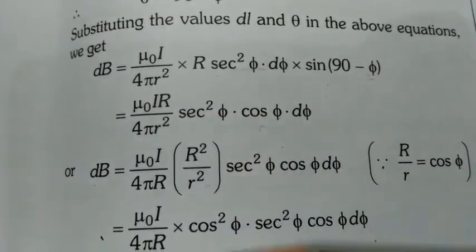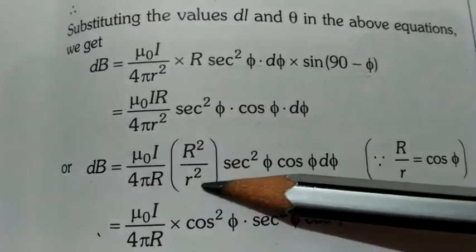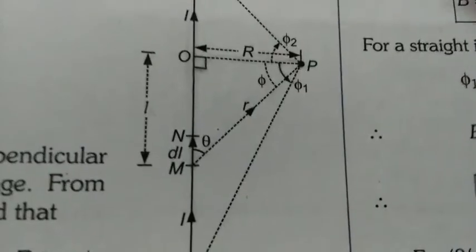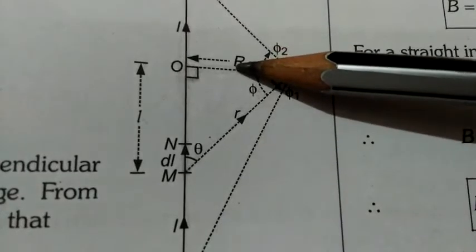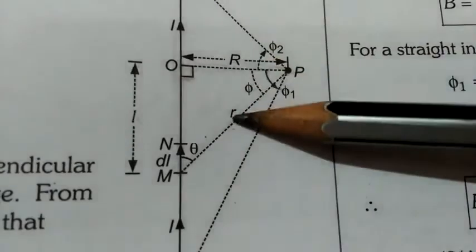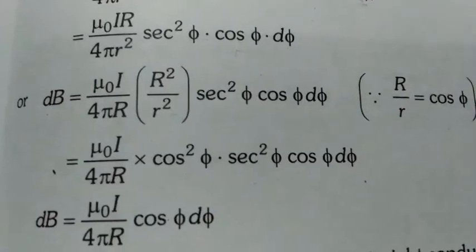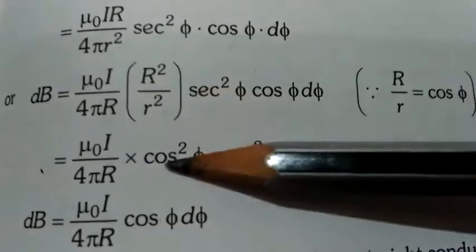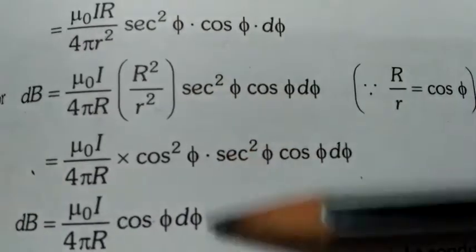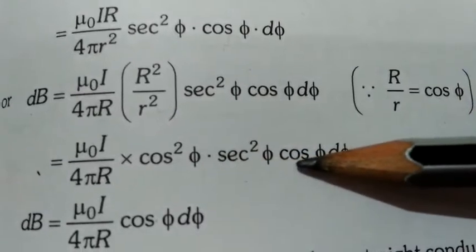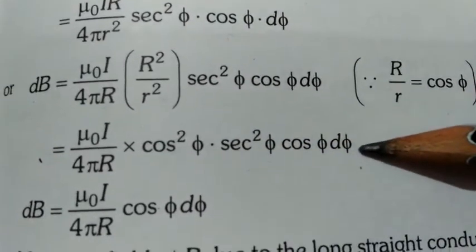Now R square upon small r square. In this figure you can see this is the base and this is the hypotenuse. So R upon r becomes cos phi. That's why in place of R square upon small r square we can put cos square phi. Now here we have cos square phi into sec square phi into cos phi d phi.